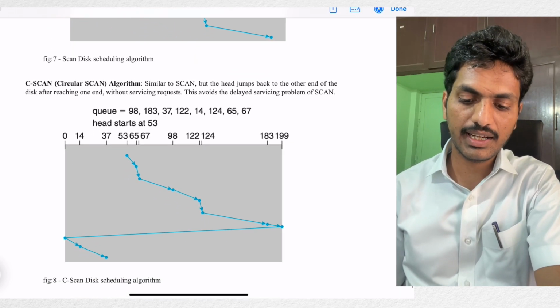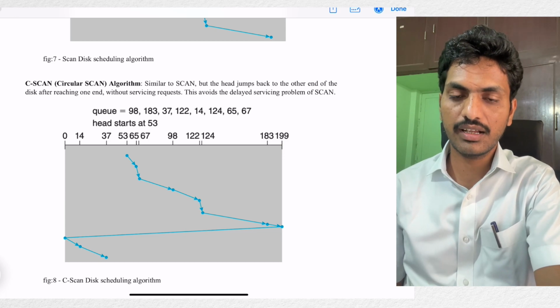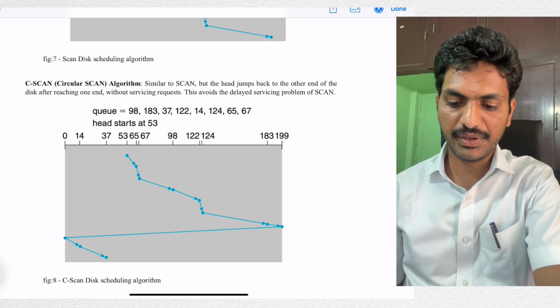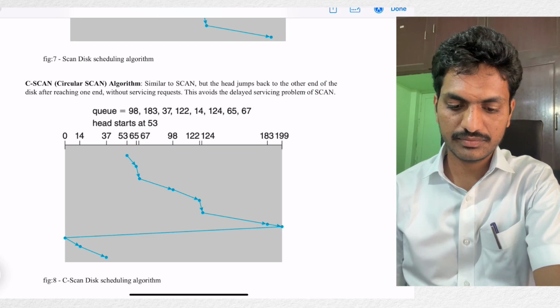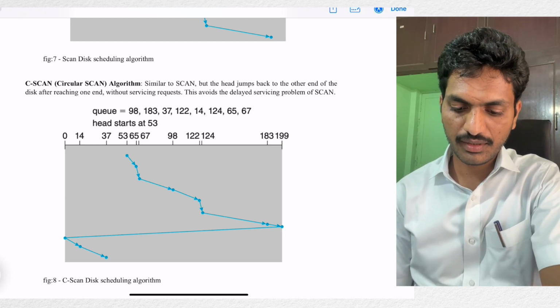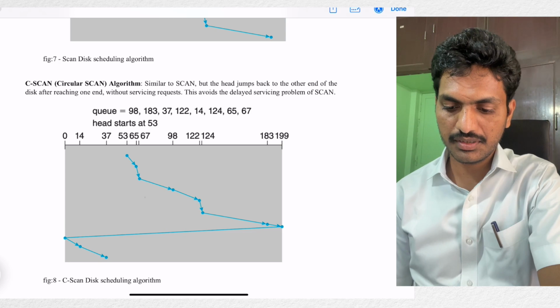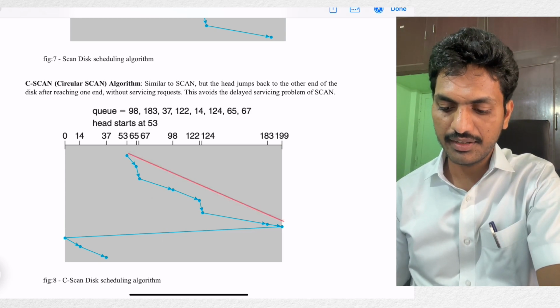Next one, circular scanning. In this circular scanning, what happens? You see, it is moving from 53 to the right side.